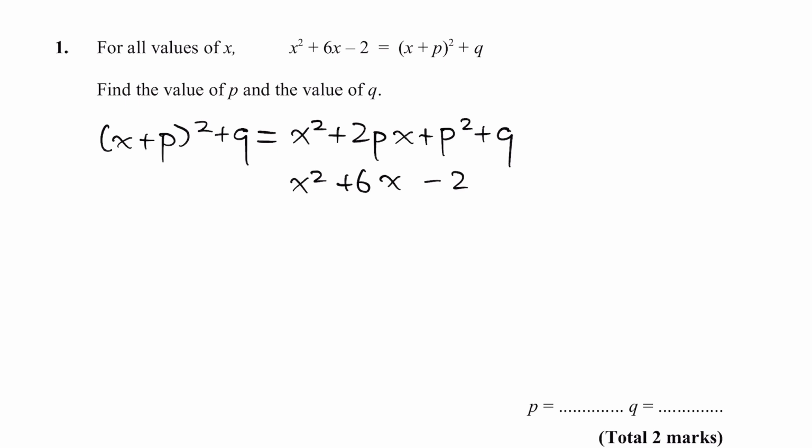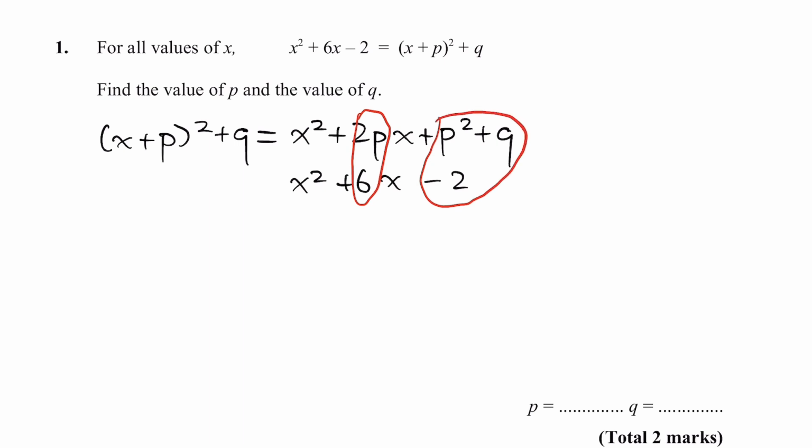And if you look at this carefully, then you would notice that this x squared is associated with the x squared, this 2px is associated with 6x, and the p squared plus q is associated with minus 2. And basically what that means is we can associate coefficients together. 2p is equal to 6, and negative 2 is equal to p squared plus q.